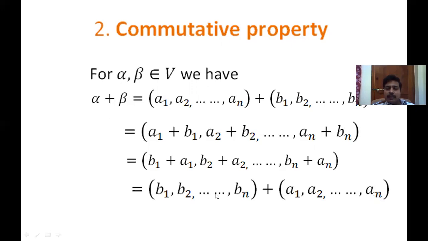This is nothing but beta and this is alpha. So this is beta plus alpha. So finally we got alpha plus beta is equal to beta plus alpha. So the commutative property with respect to vector addition holds in V.